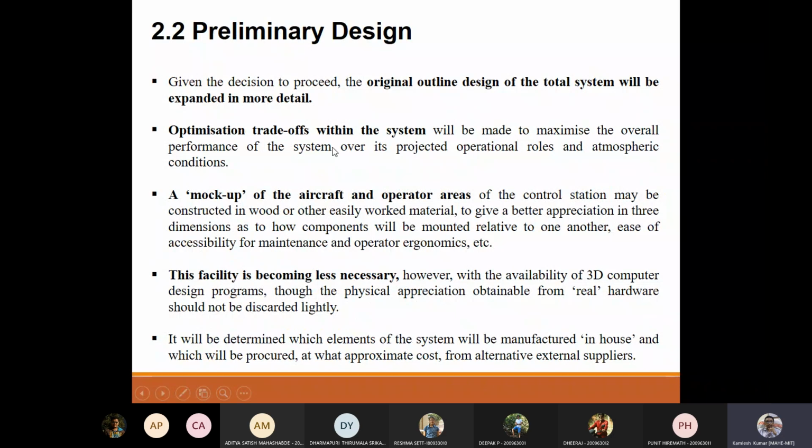So you are coming up with optimizations in terms of performance, operational roles or atmospheric conditions. So when you enter the preliminary design, we are looking at all the perspectives. Are we going to improve the performance, because you have started a little bit in the concept phase? What will the shape be, how does it look, what is the performance?